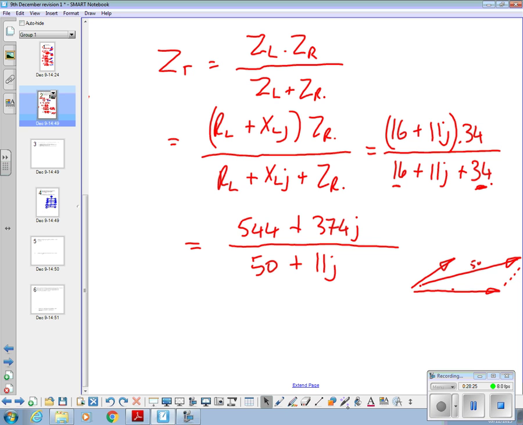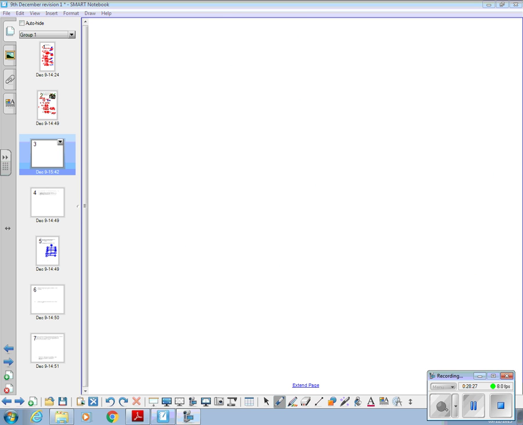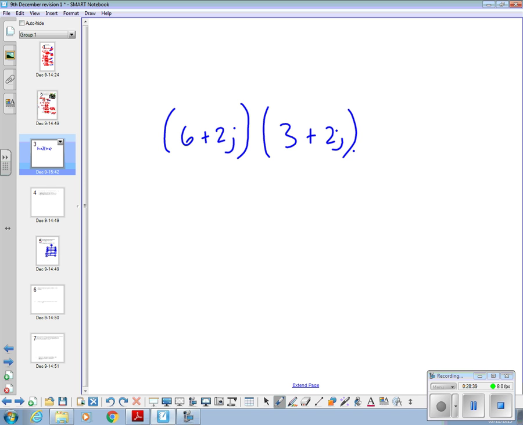But just as an aside, it is allowable to do 6 plus 2j times 3 plus 2j. We cross multiply everything. So 6 times 3 is 18, plus 6 times 2j is 12j, 3 times 2j is 6j, and 2j times 2j is 4j squared.